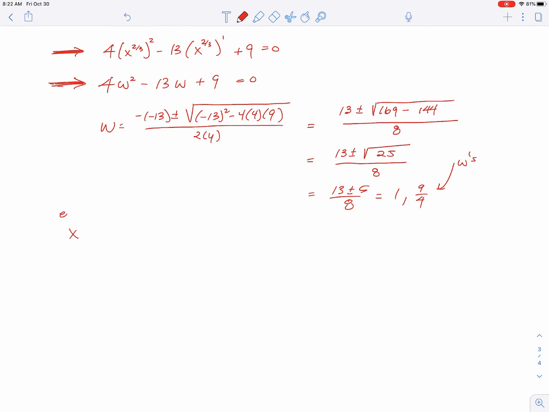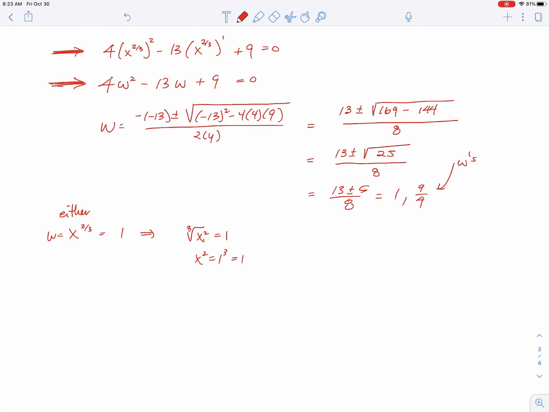That means that either w equals x to the 2/3 is equal to 1, which means that, if we rewrite this using rational exponents, this is the cube root of x squared equals 1. So we'll cube both sides. So x squared equals 1 cubed, which is 1.